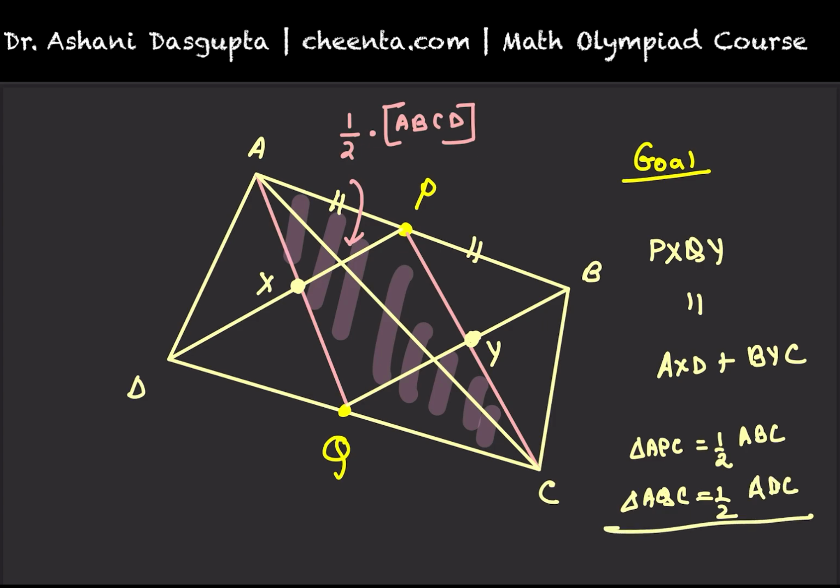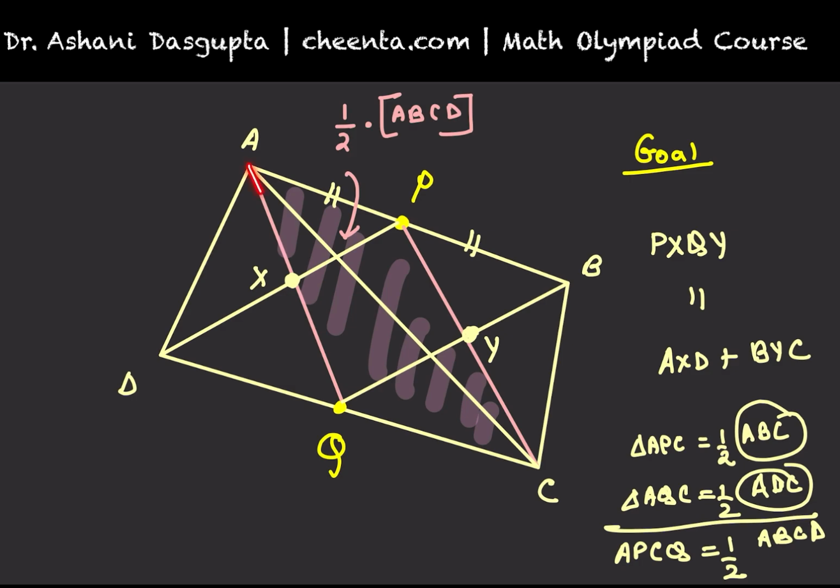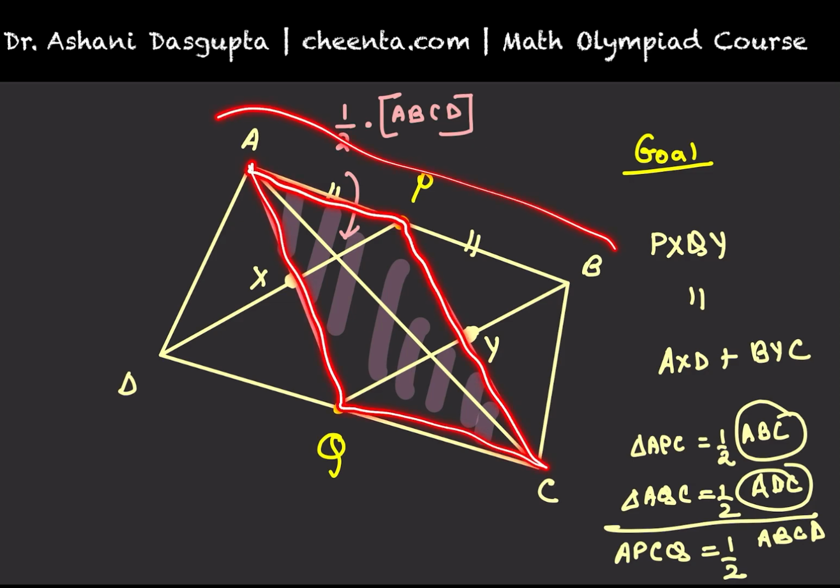Now if you add it up, you get APCQ, that is this particular quadrilateral, is equal to half the sum of these two triangles, which is the entire quadrilateral ABCD. This is a very simple but powerful way to cut out exactly half the area of any quadrilateral.